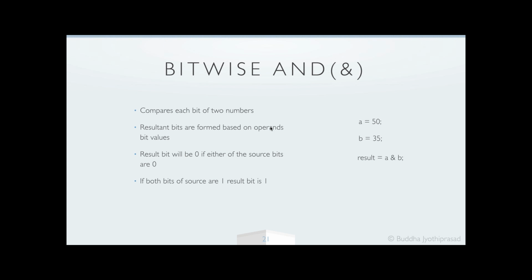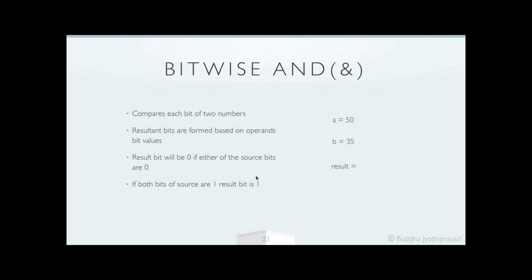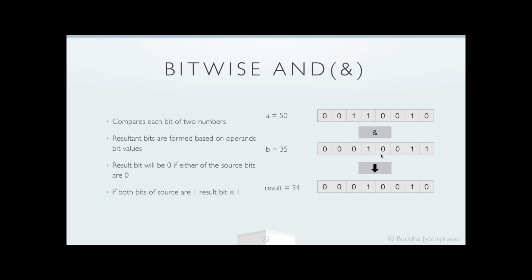When we say bitwise AND operator, the usage is like this: result equals a ampersand b. What it does is it compares each bit of two numbers, and the resultant bit will be 0 if one of them is 0. If both are 1, the resultant bit will be 1. Let's try to explain it a little bit more. a equal to 50 can be converted into 00110010. That's the binary code for 50. Say b equal to 35, the binary code for that will be 00100011.